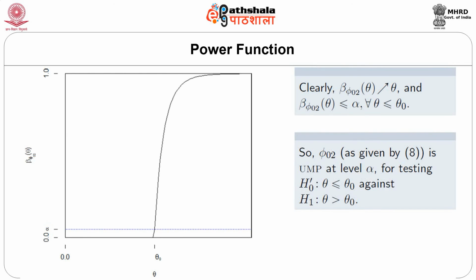So, this phi naught 2 is also uniformly most powerful at level alpha for testing H naught prime, theta less than or equal to theta naught, against H1, theta greater than theta naught. So, we have found another uniformly most powerful level alpha test for testing this composite null against this composite alternative H1, theta greater than theta naught.